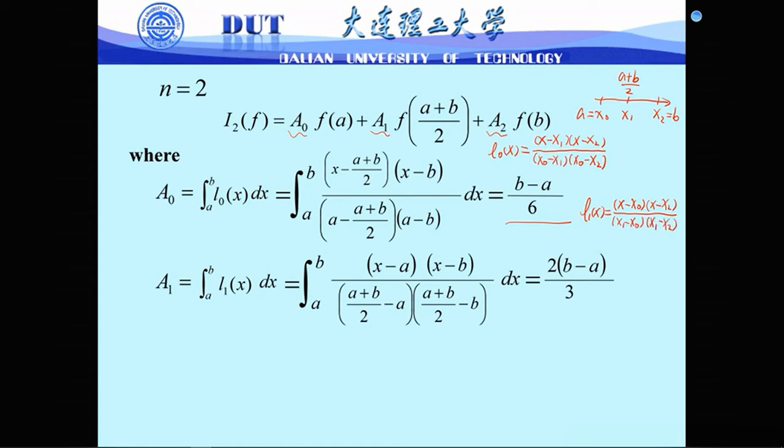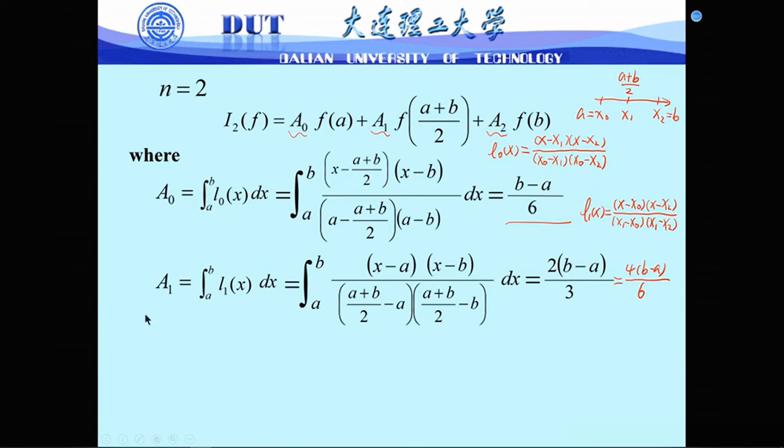You should remember this formula. This is L1. So here, x minus x0 is a, x minus x2 is b, divided by, replacing x by x1, the midpoint, (a plus b) over 2 minus a, and (a plus b) over 2 minus b. It's okay? Also, please check, you can obtain the integral of this polynomial. The result is 2 multiplied by (b minus a) over 3. Actually, you can remember it as 4(b minus a) over 6, with the same denominator.